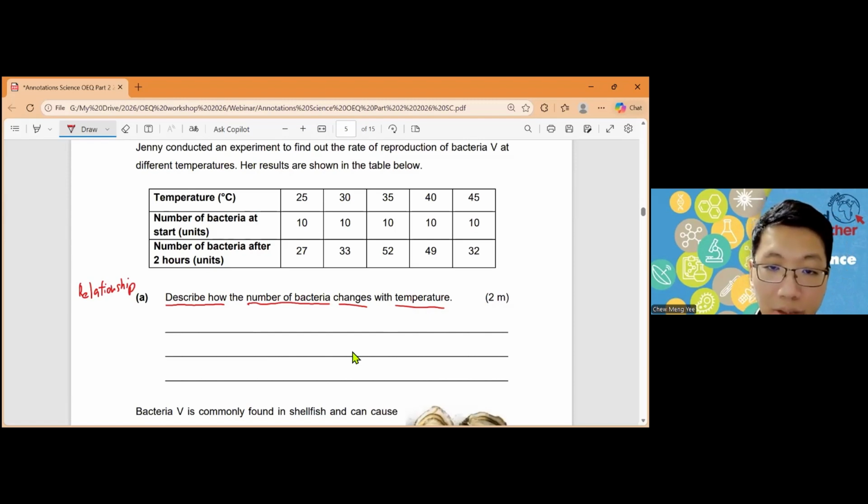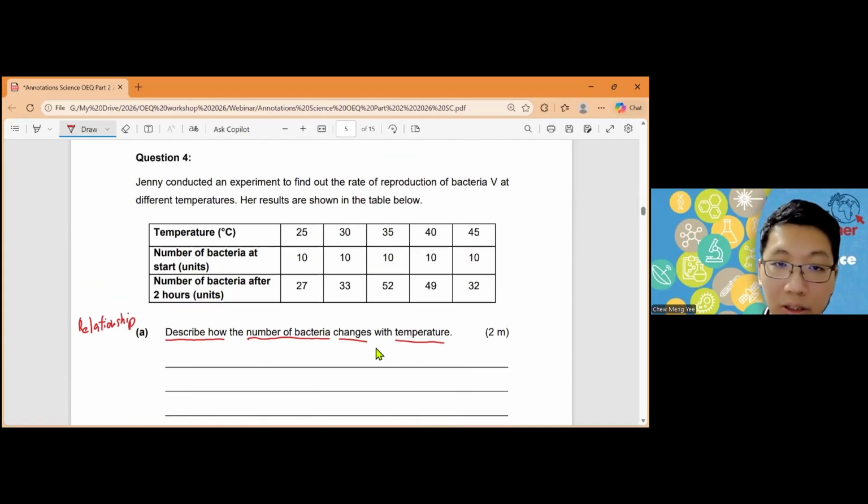The number of bacteria is what we are measuring, because Jenny conducts an experiment to find out the rate of reproduction of bacteria V at different temperatures. So this is the aim. We analyze the question first. Whenever you see to find out, to investigate, that is the aim.